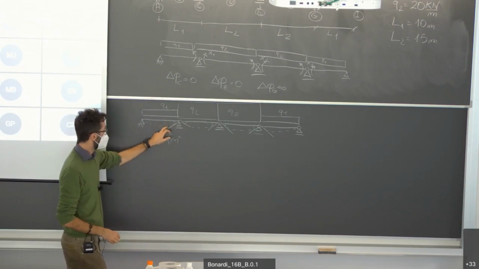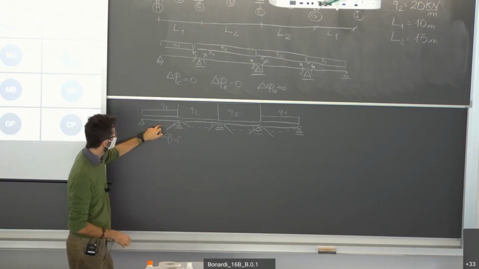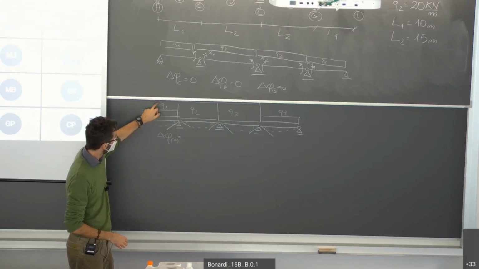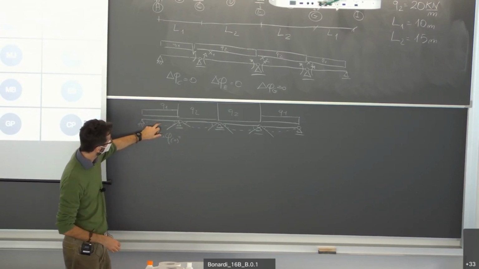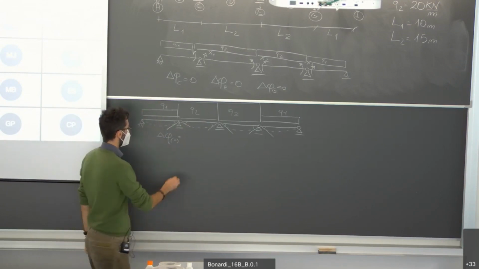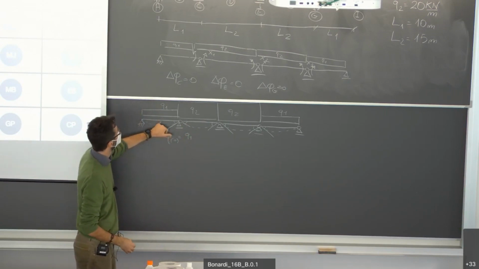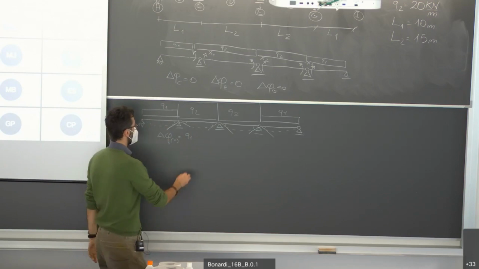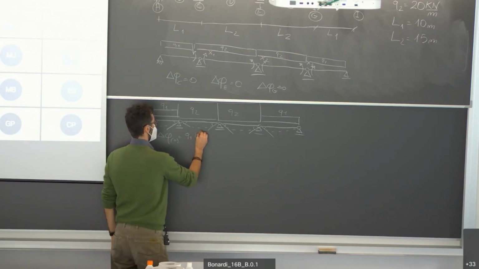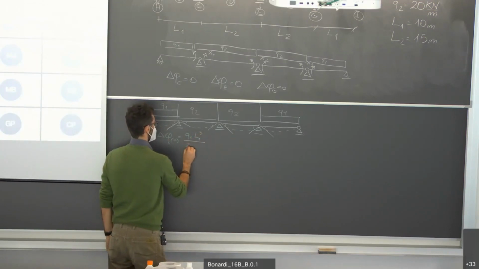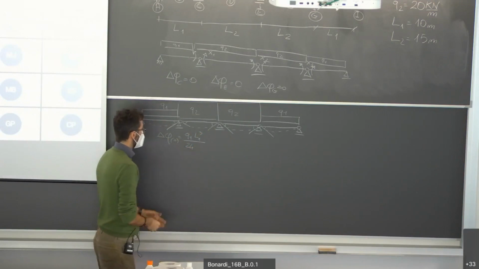We have seen this a lot of times: it is the load exciting this beam, so Q1 times the length of this beam, which was L1, to the power of 3, over 24 times EI.